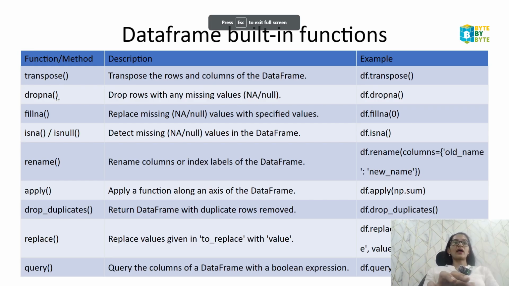Same way, if you have any NaN values present, you can drop them using df dot dropna.